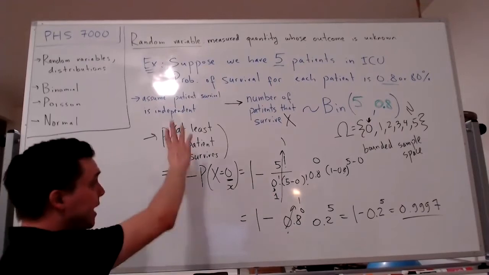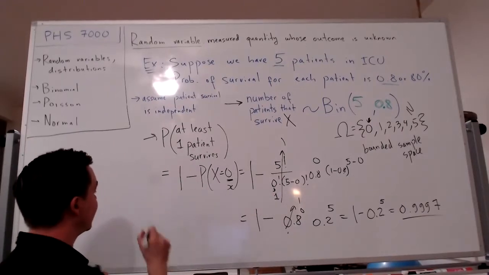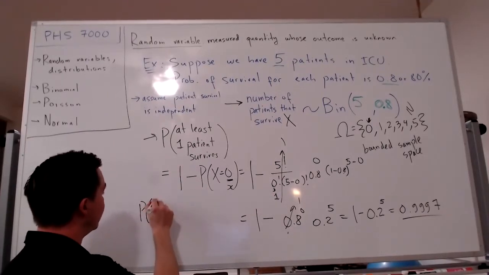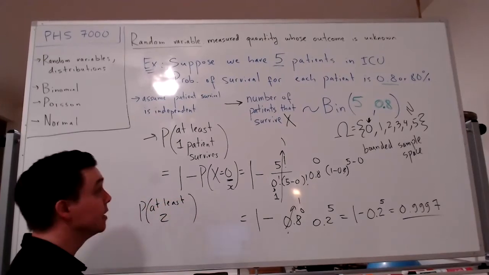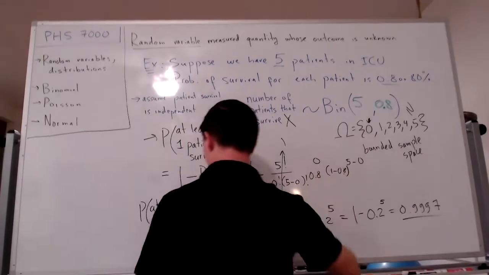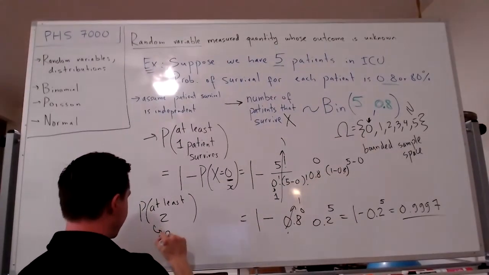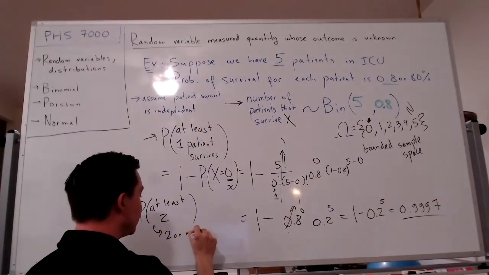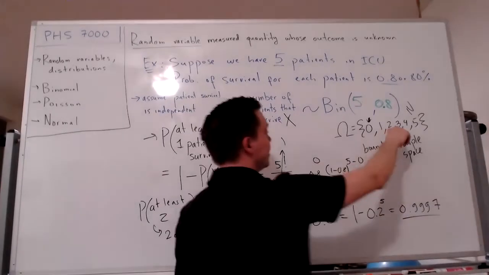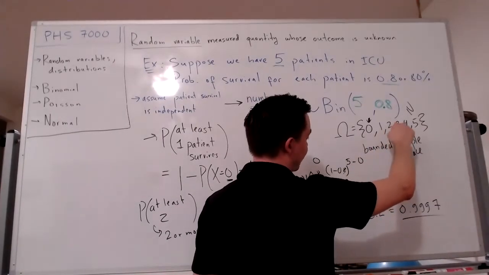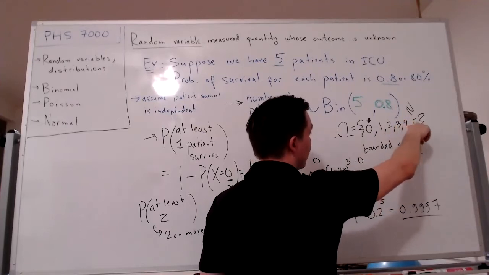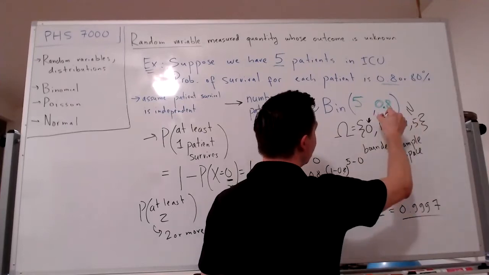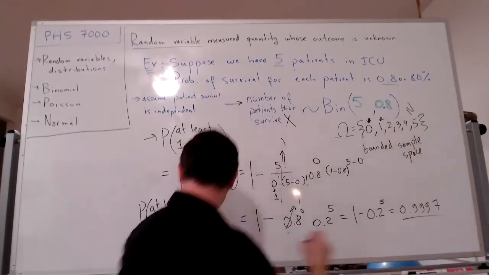Now, you can apply the same idea if I said, all right, probability of at least 2. You have to transform this into 2 or more. And now you're going to decide, well, I don't want to compute the probability of exactly 2, or exactly 3, or exactly 4, or exactly 5. The only ones that are excluded are 0 and 1.